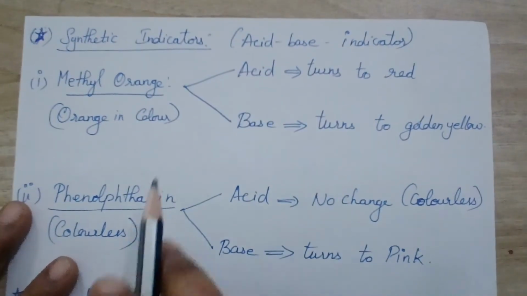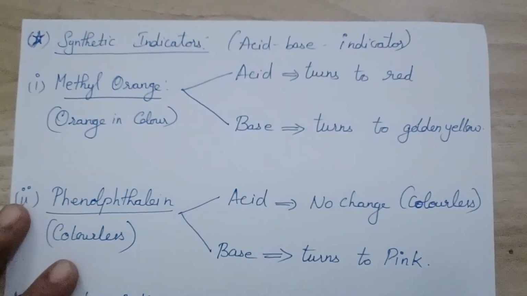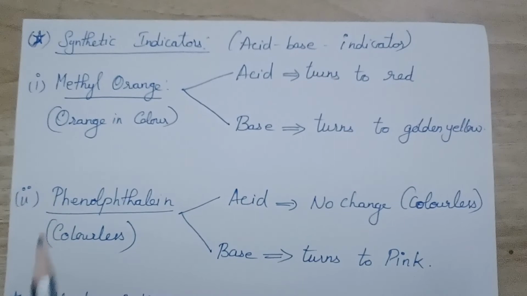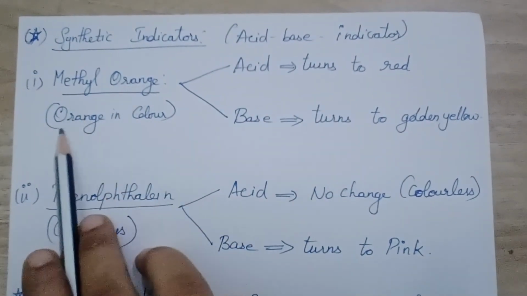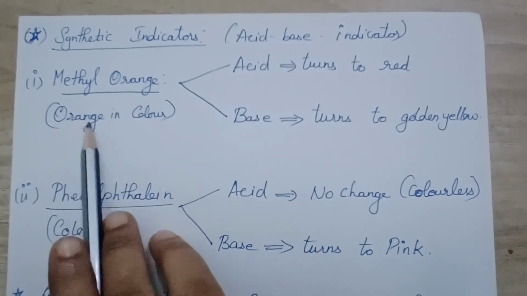We'll move to the synthetic indicators. Synthetic indicators are also acid-base indicators. In the lab we use methyl orange and phenolphthalein. What is the color of methyl orange solution? It is orange.